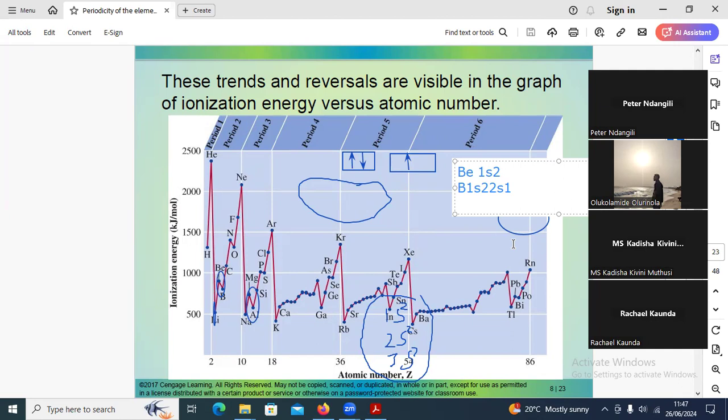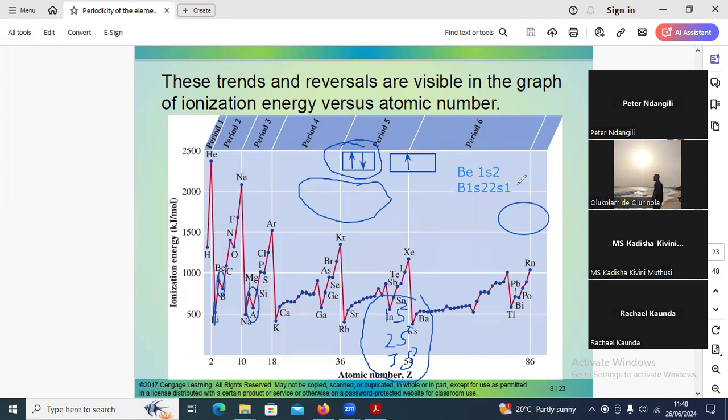That's how it is. Now, it means that this one is a stable configuration, and therefore it is very difficult to remove an electron here.